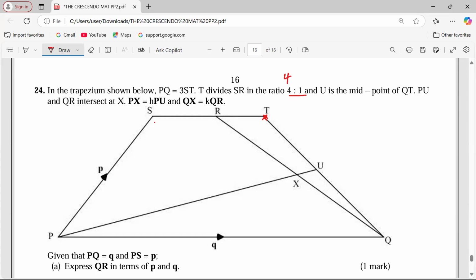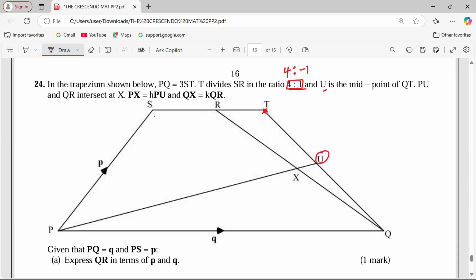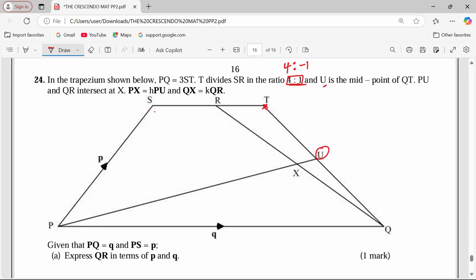But I hope this one they wanted to write 4:1 so that it becomes an external division. Or they would have used the word externally in the ratio. Then U is the midpoint of QT.